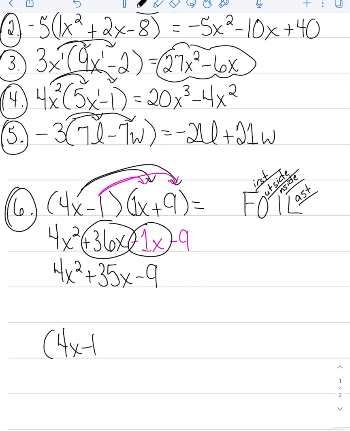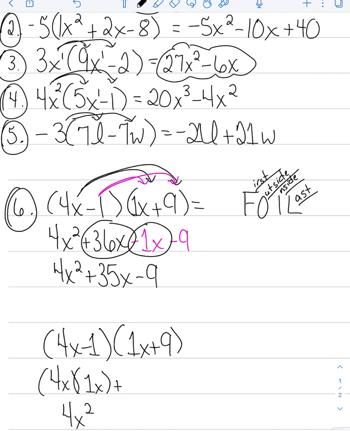So I'm going to rewrite 4x minus 1 times 1x plus 9. And I'm going to say FOIL as I do it. First, my first two terms are 4x times 1x, which is 4x squared, okay? Outside, which is 4x times 9, which is 36x.